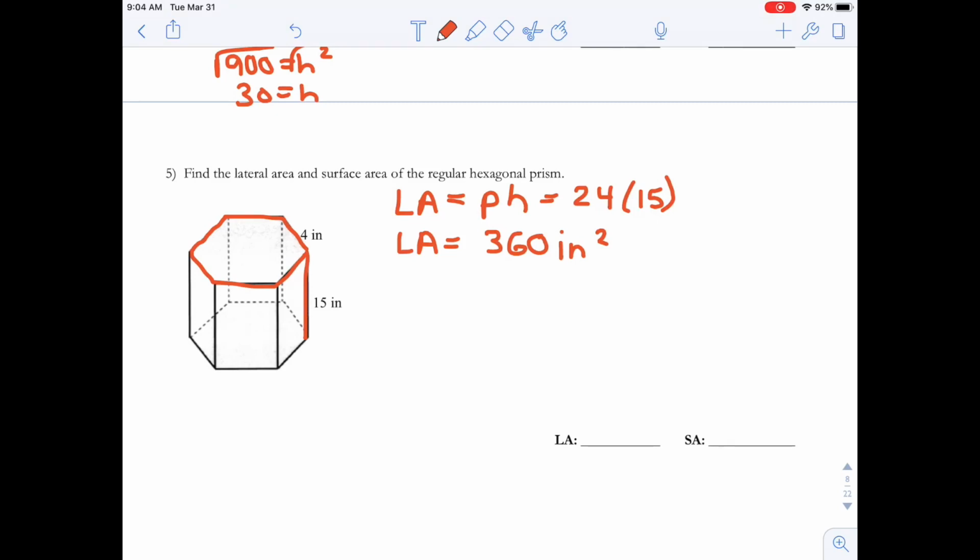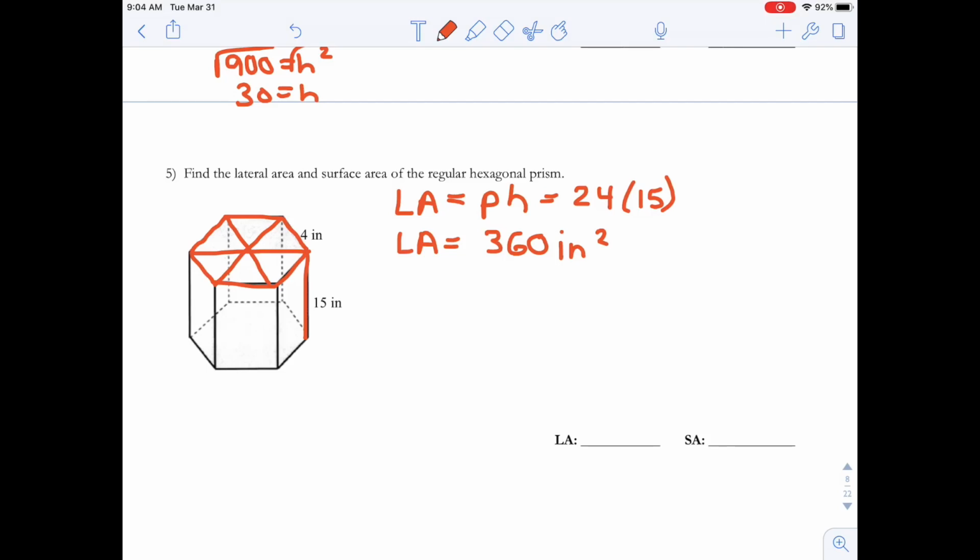Now, remember, your surface area involves finding the area of your base. Okay. Well, it's a hexagon. So remember with a hexagon, really what we have here are 6 equilateral triangles.